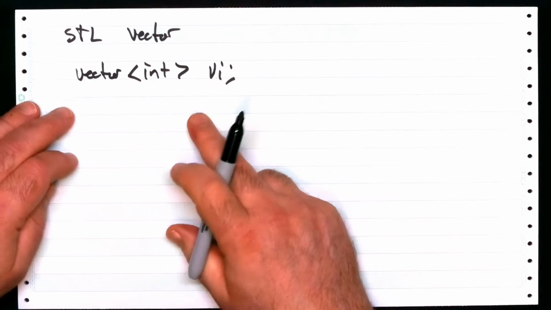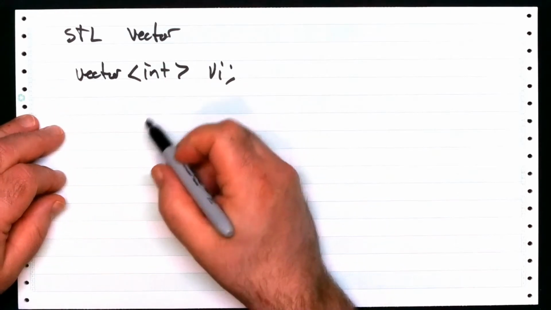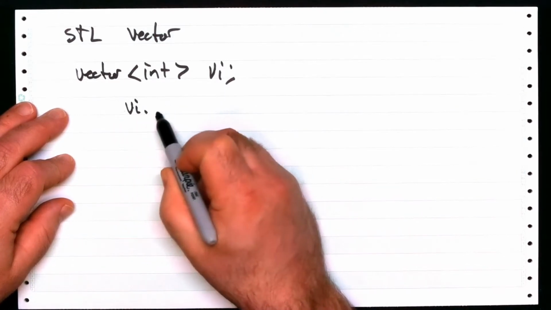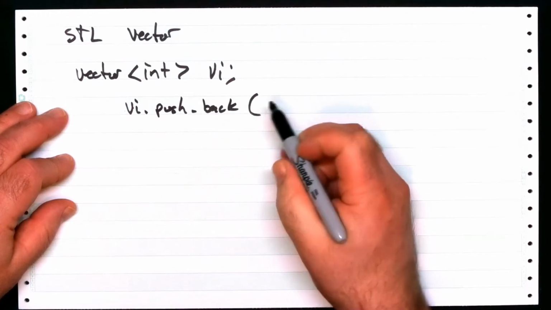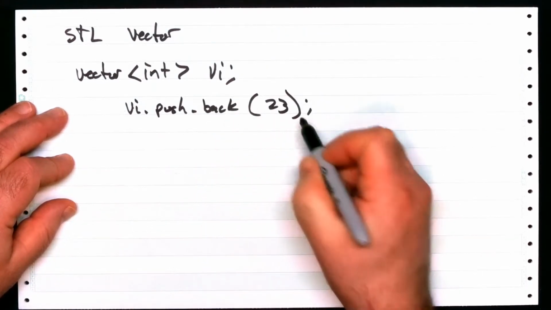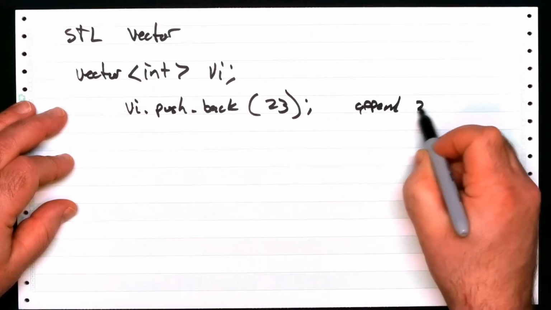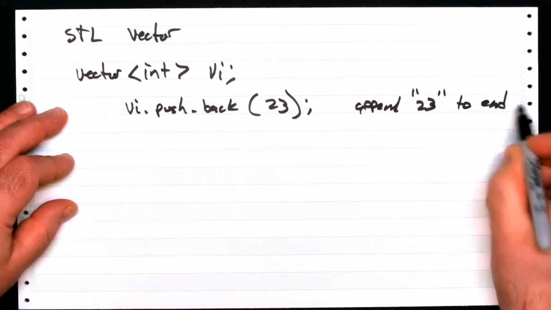How do I use this thing? Well, I can say things like vi.push_back(23). This will then append the value 23 to the end of this vector.